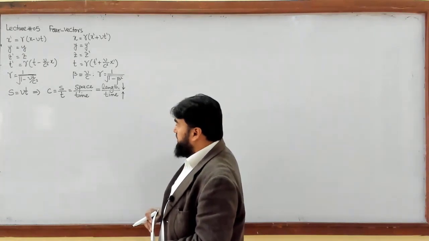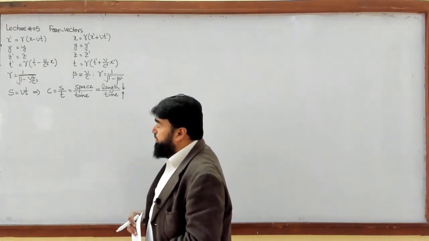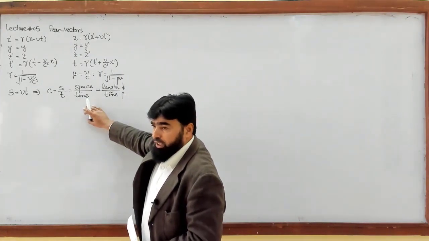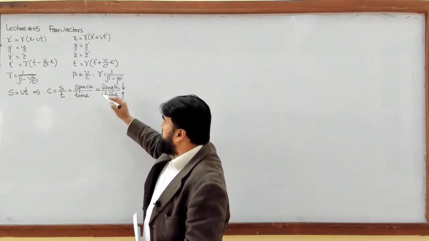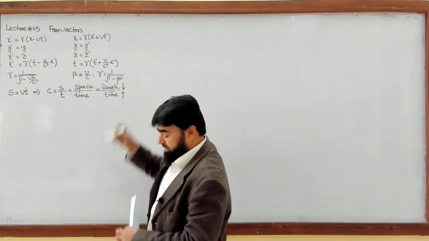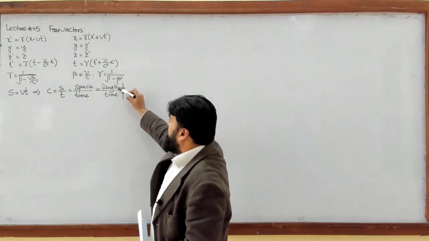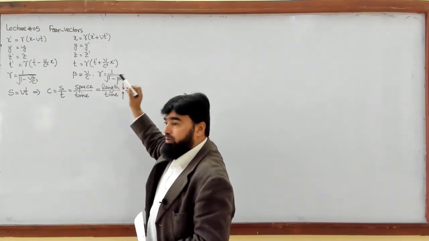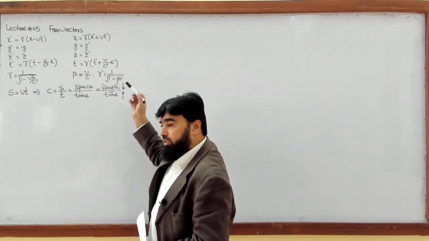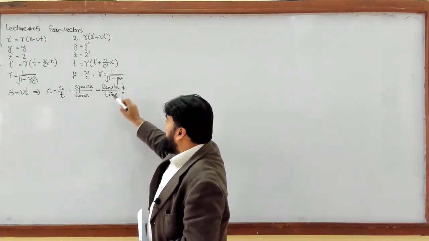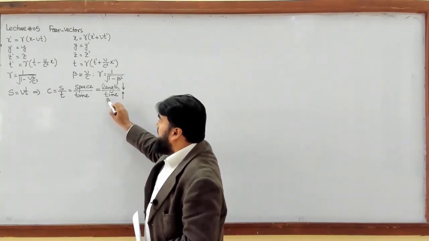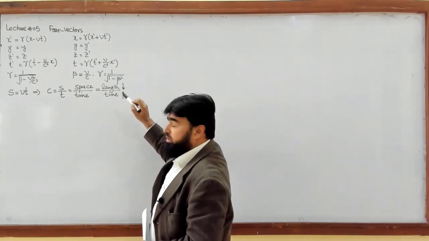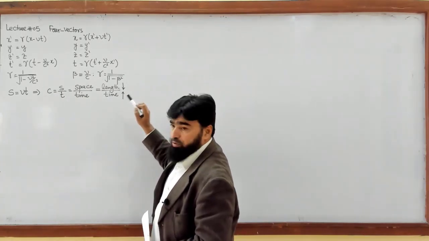And for this, we are compelled to move into more calculations, like we find a certain length such that that length is agreed by both the primed frame and the unprimed frame, by the moving frame and the rest frame. Similarly, we should agree on a time such that that time is the same for both.